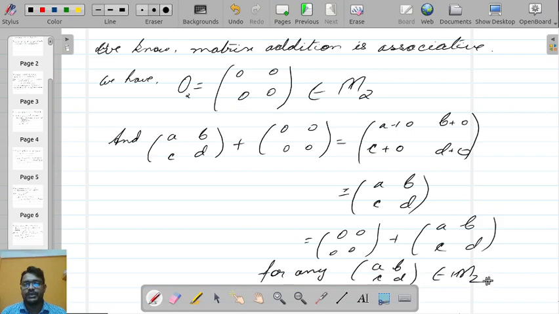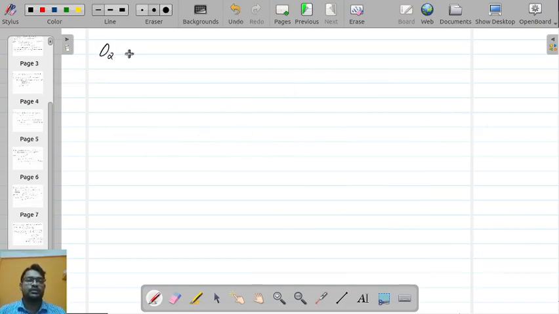You take any element from M2, this is always satisfied. A, B, C, D added with the null matrix will give you the matrix itself. So O2 is the additive identity, or let us just write identity in M2.